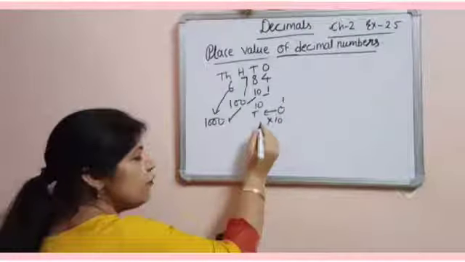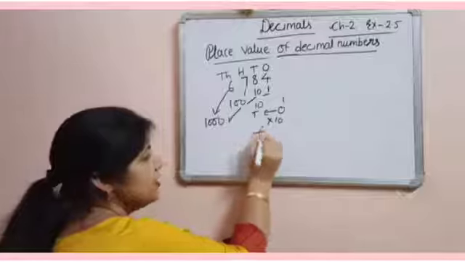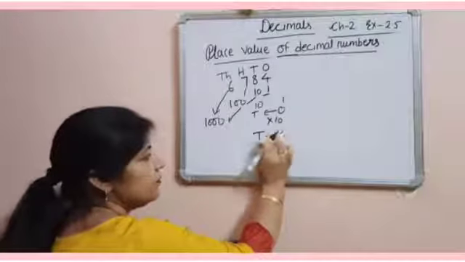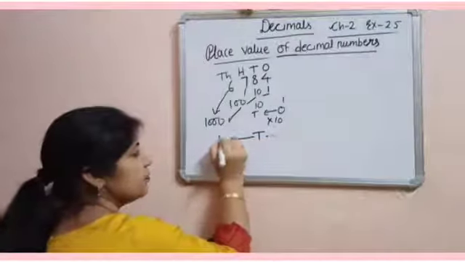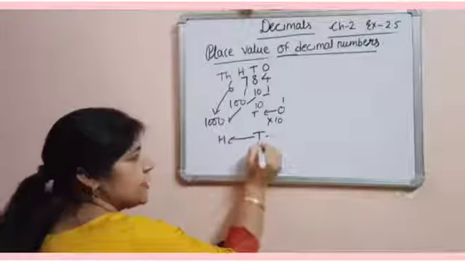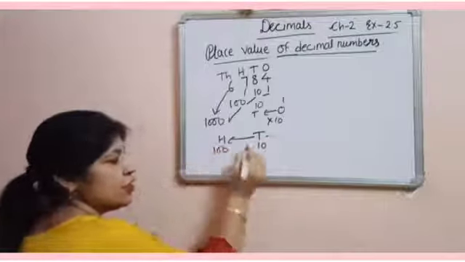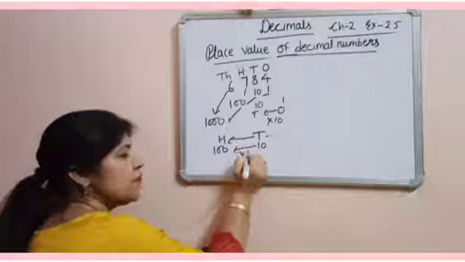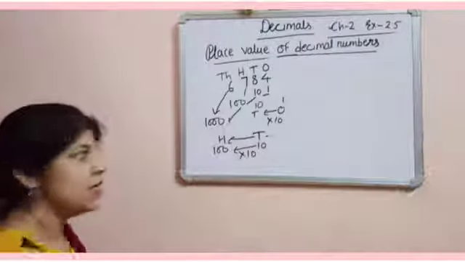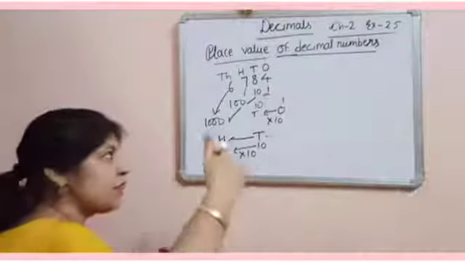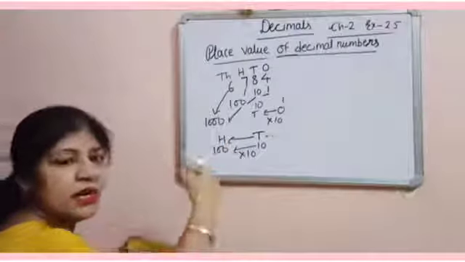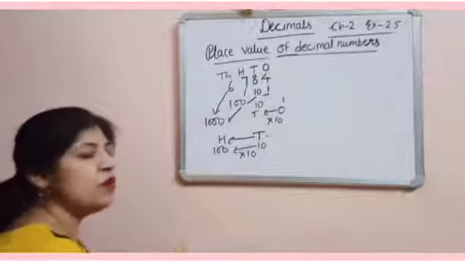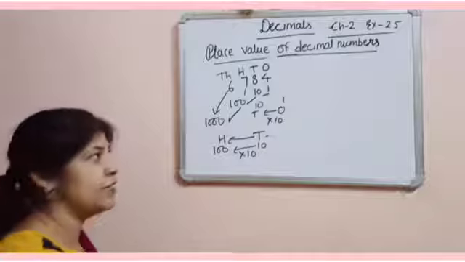And when you move from 10 to 100, that is 10, that is 100, the value also increases by 10 times. Clear? When you are moving towards the left hand side, the value is increased by 10 times.